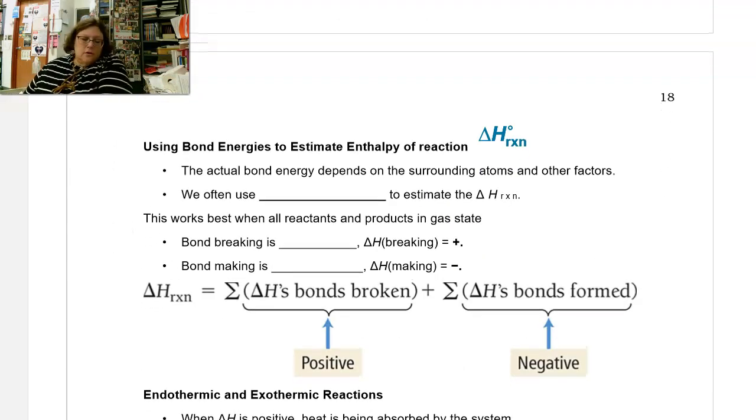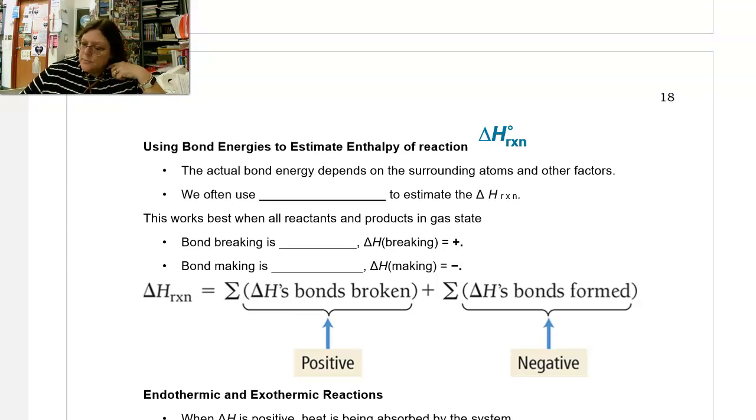When we use bond energies to estimate, and that's another important word here, estimate, bond energies can be different depending on the other bonds in a chemical. So we're only talking about estimations here. We can only get estimated enthalpy changes from bond energies.